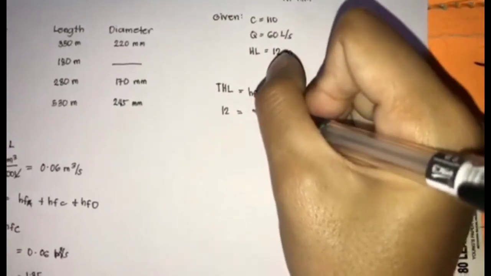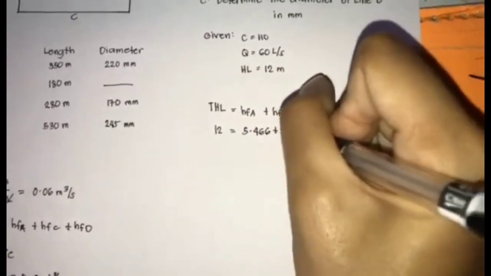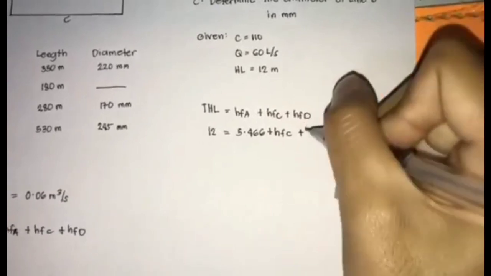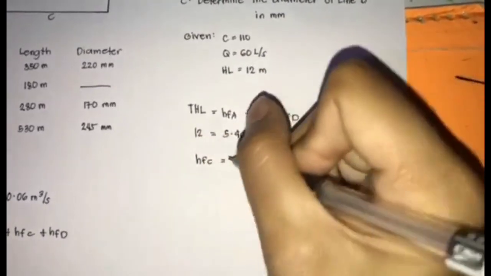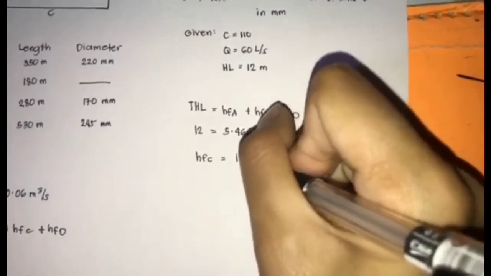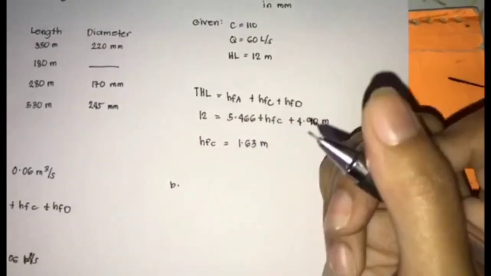So we have a head loss of 12 meters equal to the HFA, which is 5.466, plus HFC plus the HFD, which is 4.90 meters. Shift solve, we get the value of HFC, which is 1.63 meters.